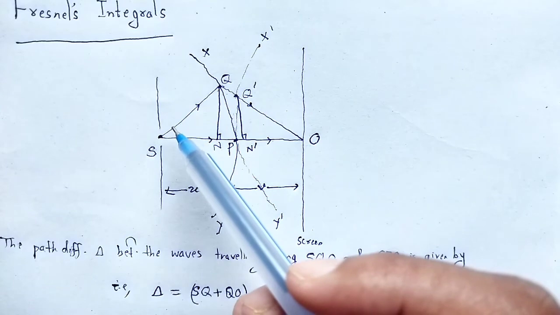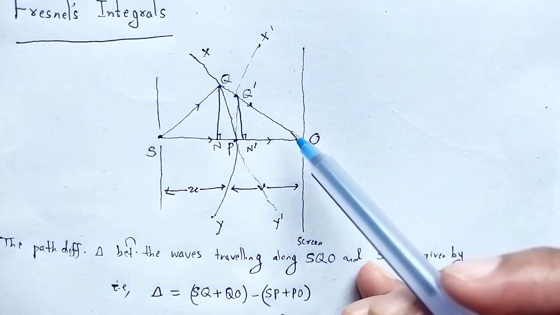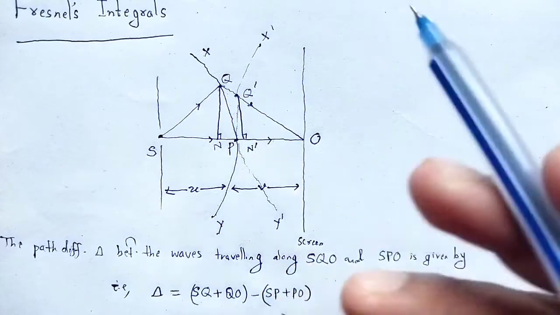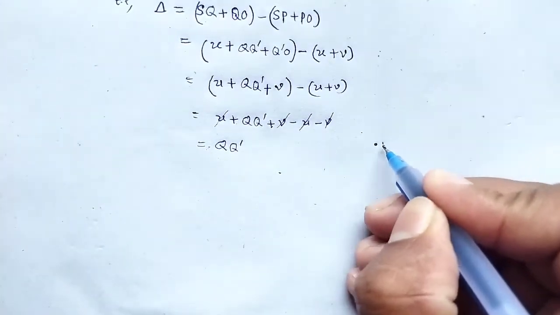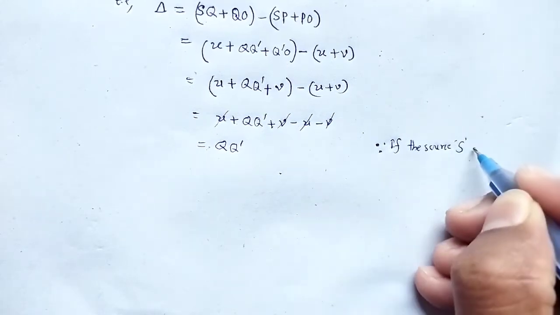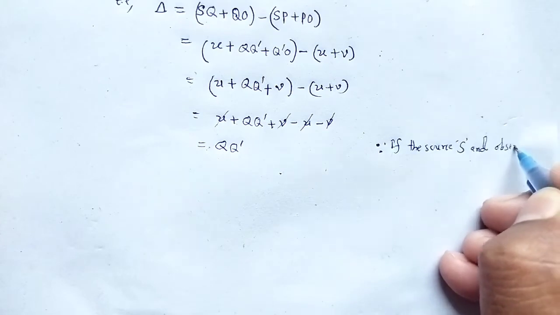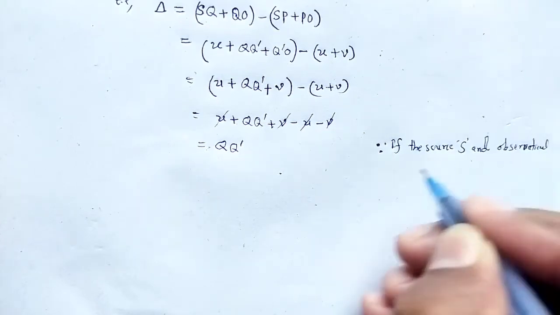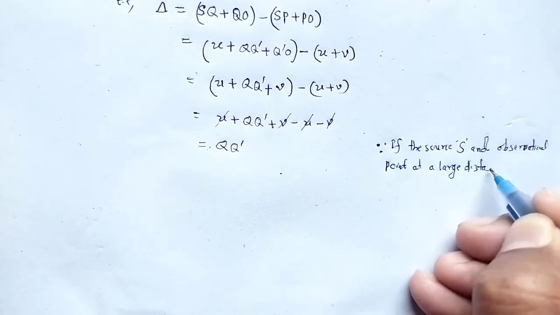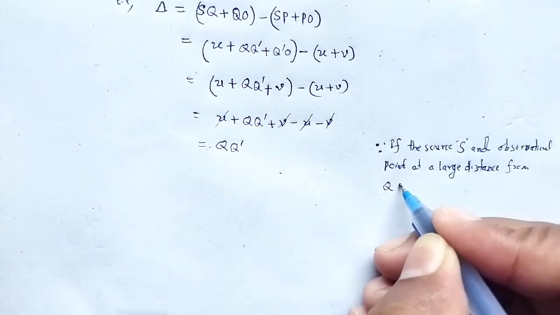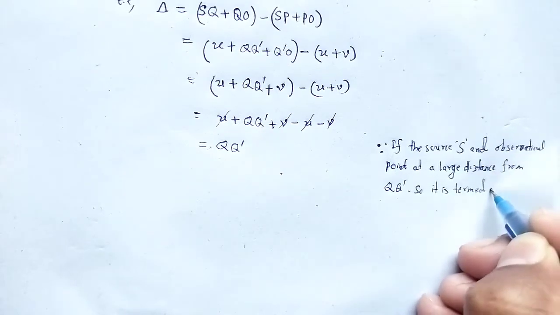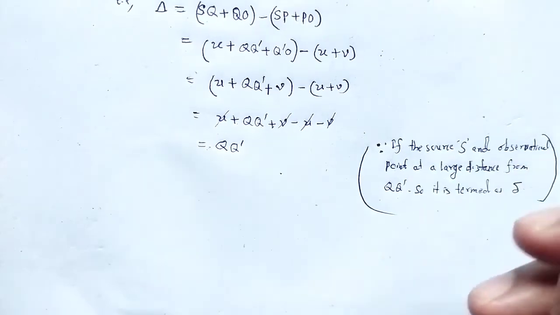If the source S and the observation point are at a large distance from Q dash, that path difference can be denoted as delta, a very small distance.